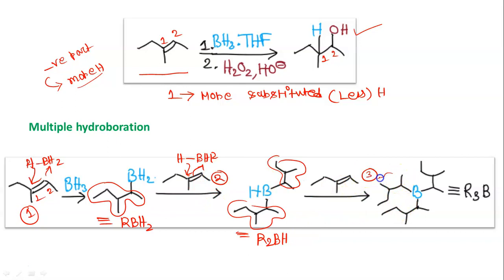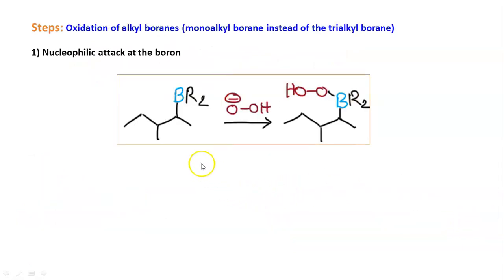So now we have a total of 3 R groups. 1, 2, 3. And R2BH will be added in this way, BR2. Fine. So this is equivalent to R3B. For simplicity, we have written it in this way. So maximum, all the 3 hydrogens can be replaced by the alkyl group. Now what is the next step?